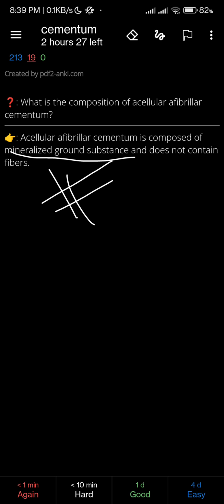It contains mineralized ground substance.